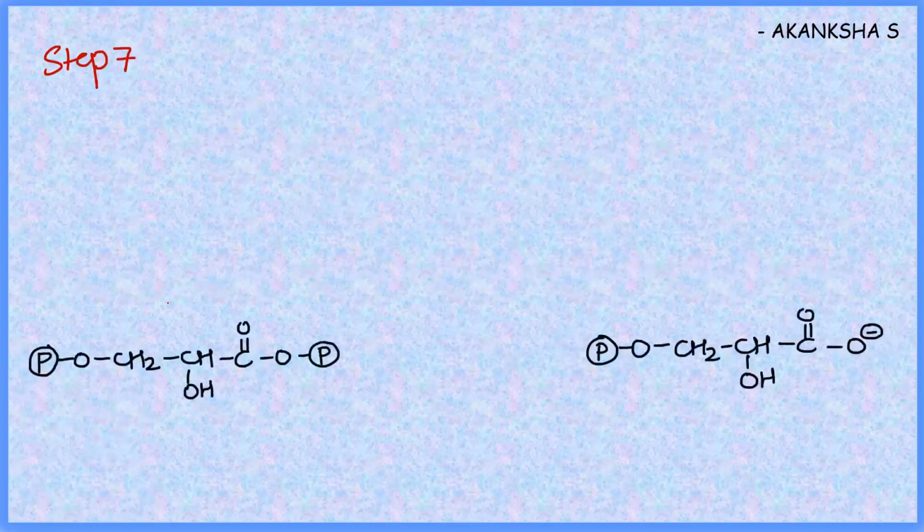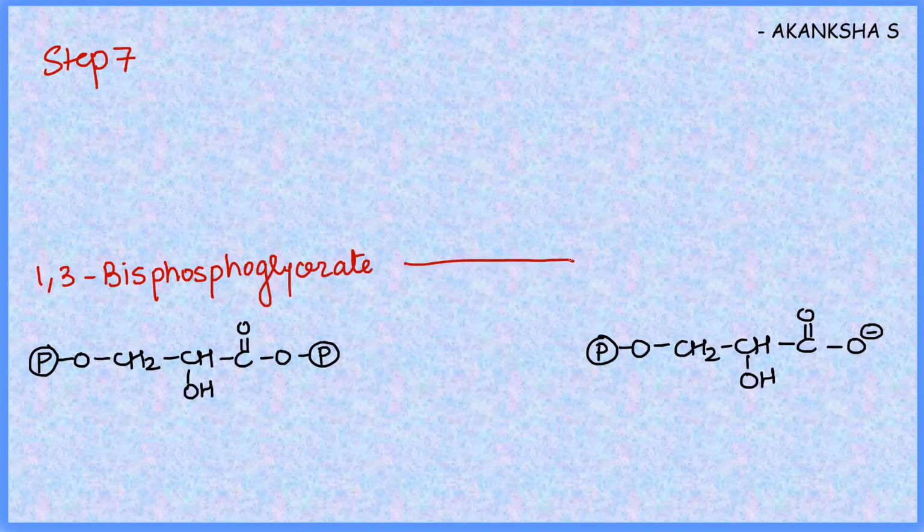Next step is the 7th step of the reaction. In step number 7, we have the previous compound, that is 1,3 bisphosphoglycerate, and this is getting converted to, pay attention over here what is happening.